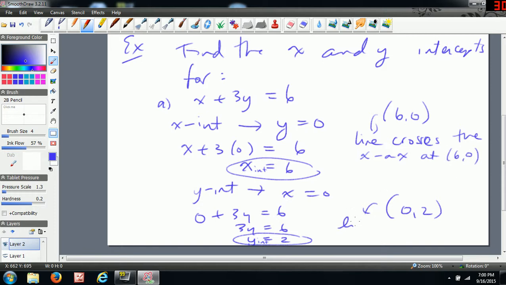Okay, that shows you where the line crosses the y-axis.